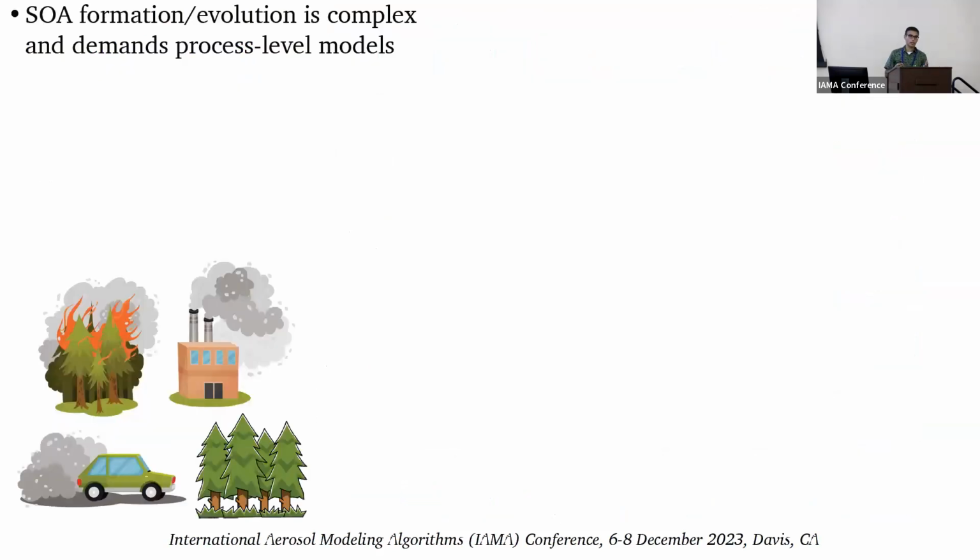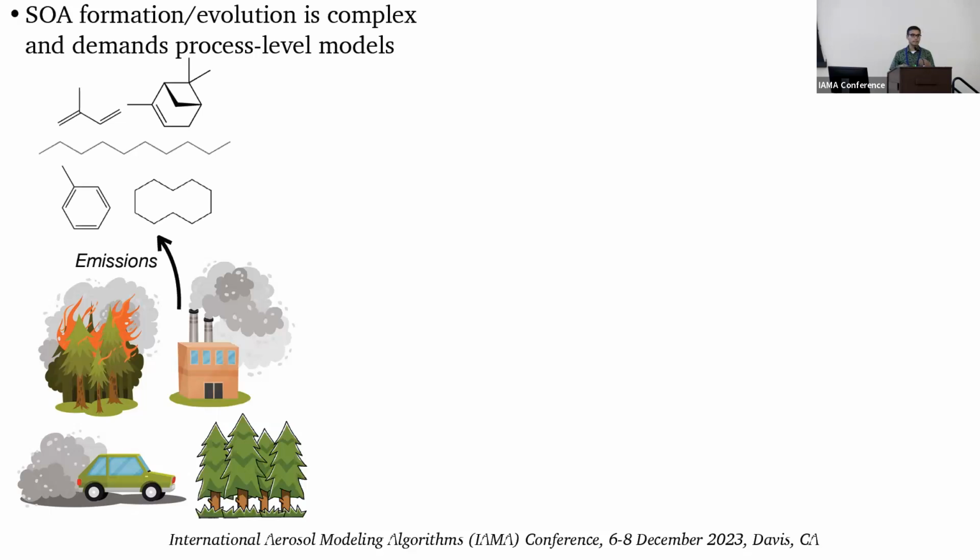Now, aerosol formation is quite complex, and I'll describe some of the processes by which it arises. So you can have sources like wildfires, refineries, motor vehicles, and the biosphere that can release emissions of both reduced hydrocarbons, but also oxidized VOCs.